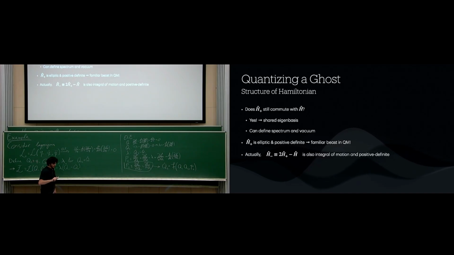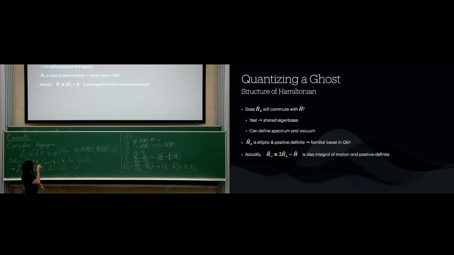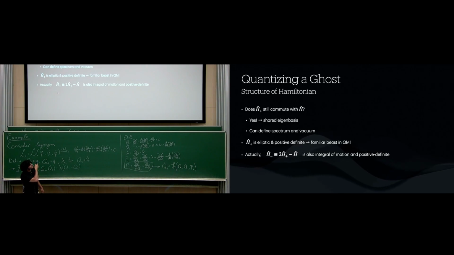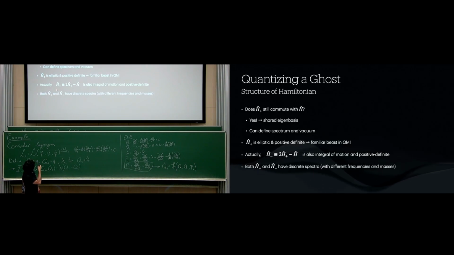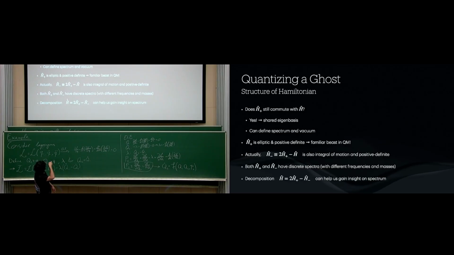Okay, and here's another point. We can actually define a new integral of motion that's dependent on the Hamiltonian and the positive one as so. This is also going to be positive definite and elliptic. And so both of them are going to have discrete spectra. They're confining. But they have different frequencies and masses, so we can decompose the Hamiltonian as such.